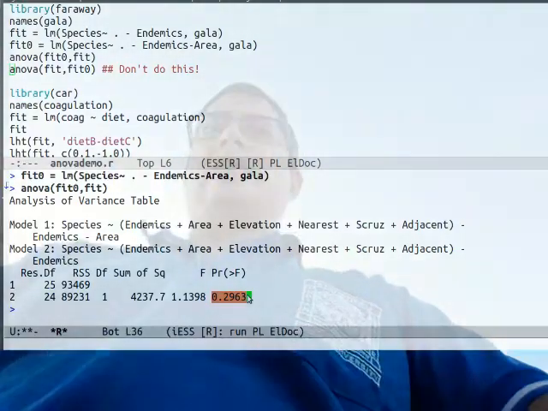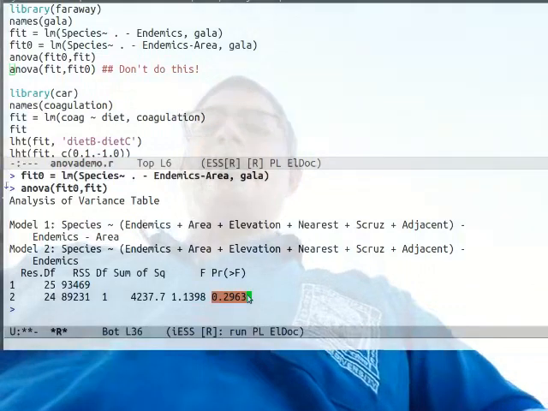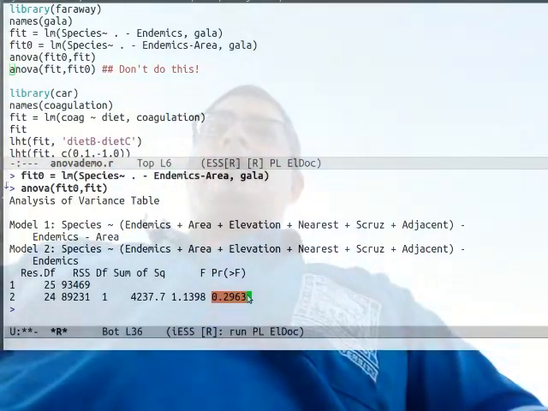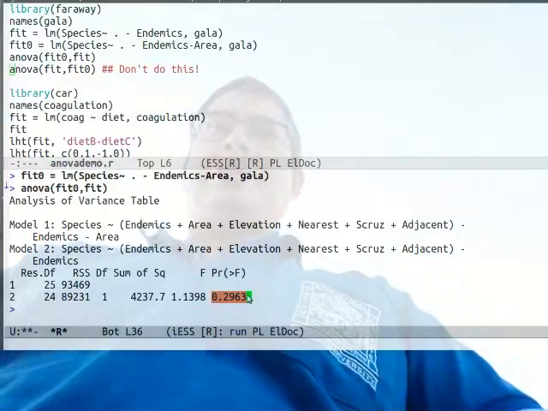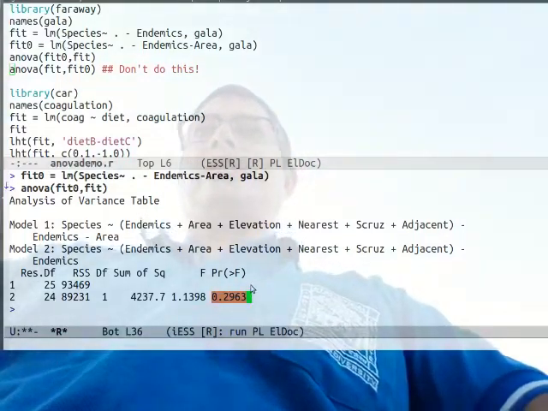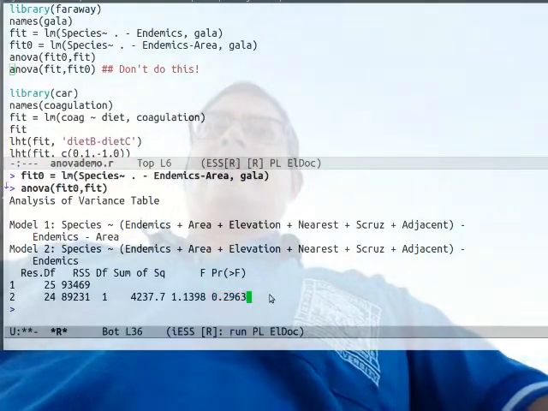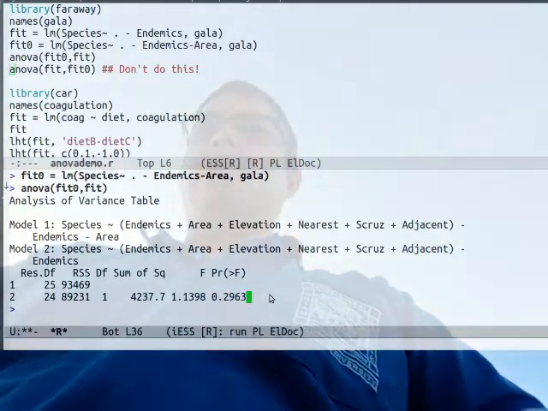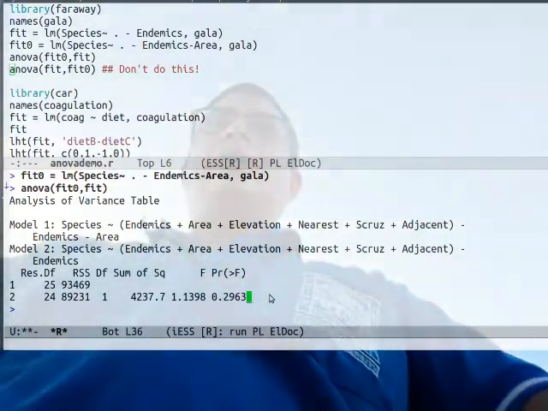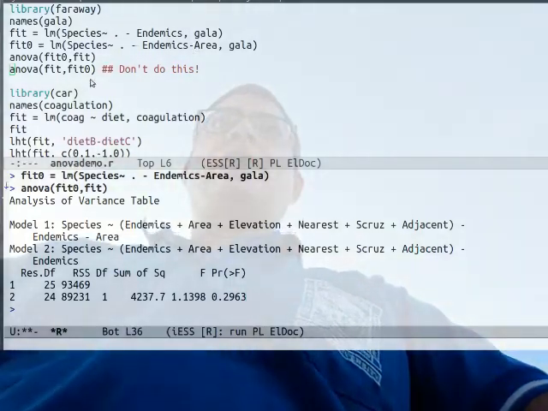Since the p value here is greater than 0.05, I will say that I am accepting the null hypothesis. So in this case I say that yes, you can drop area and the fit will not be much worse for that.